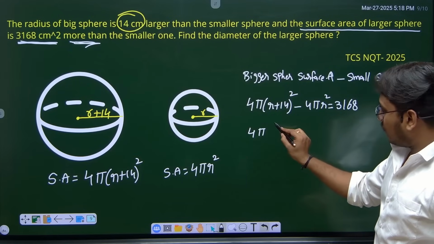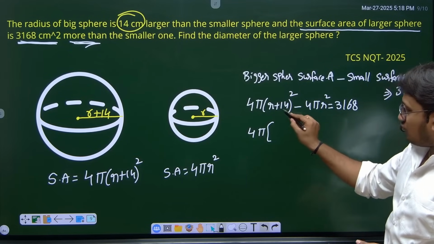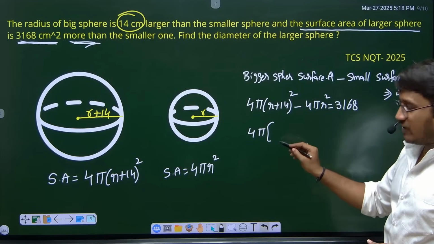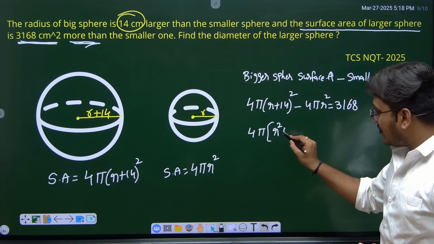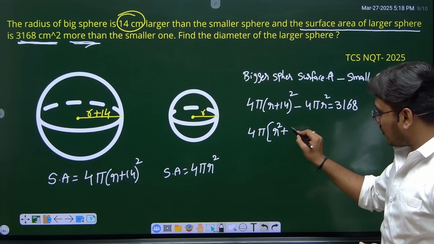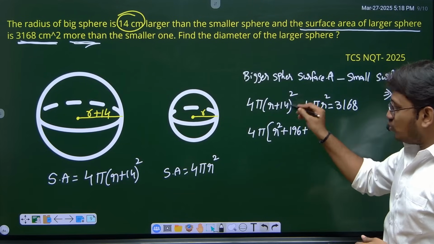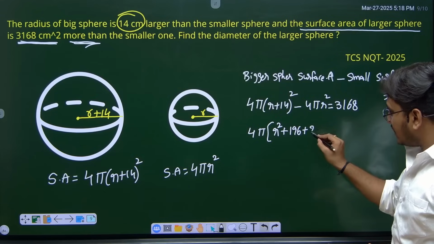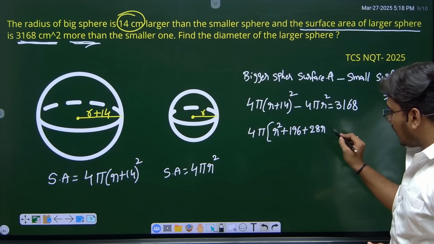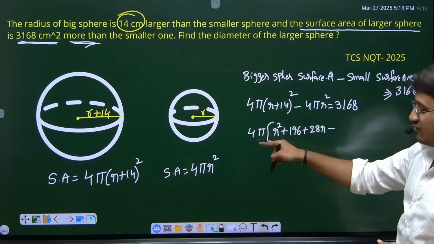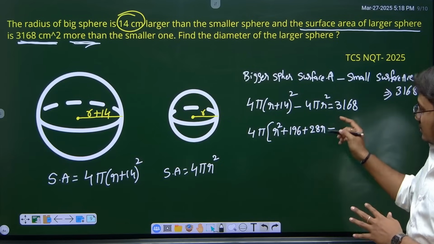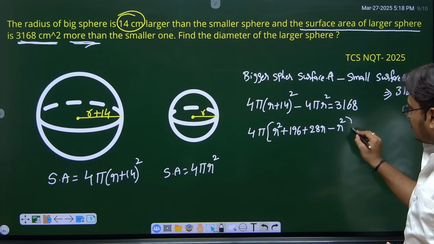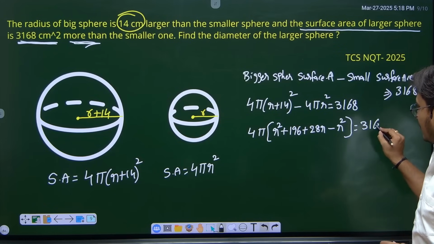Now this is in the format of a plus b whole square, so I'm writing a square plus b square plus 2ab: 14 square is 196, plus 2ab means 14 into 2, 28r, minus r square, since 4 pi is already taken common. This equals 3168.